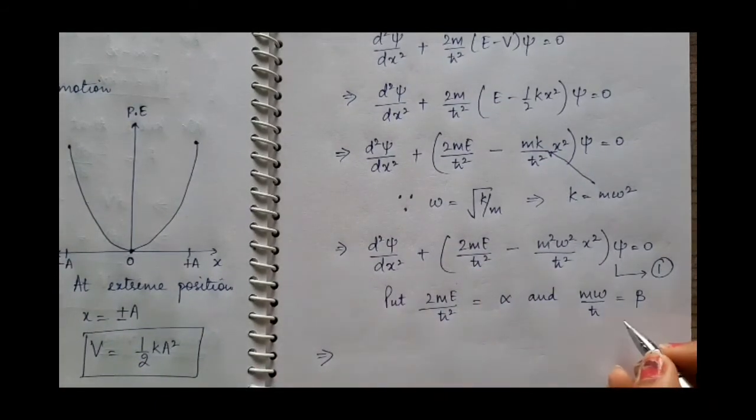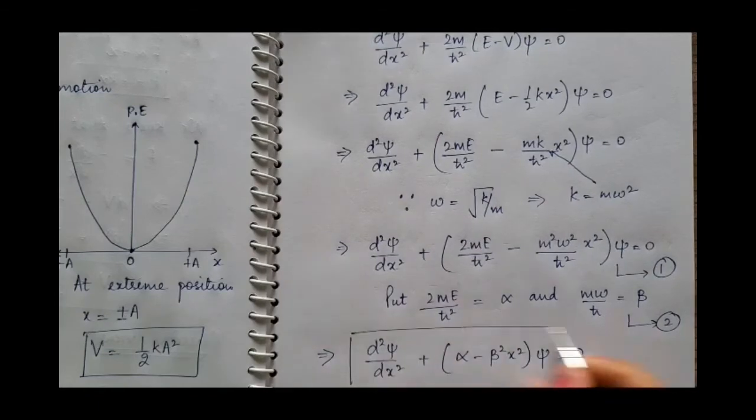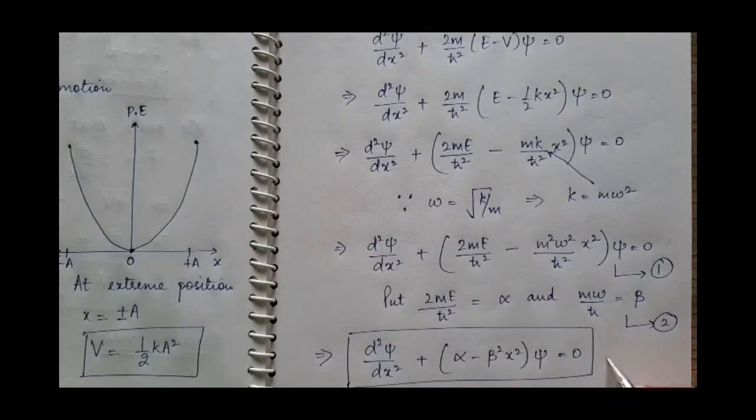You will get d square psi by dx square plus (alpha minus beta square x square) psi is equal to 0. So we have this new differential equation in quantum mechanical view. Suppose this is equation 3.